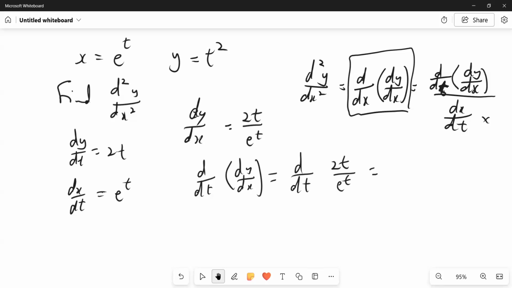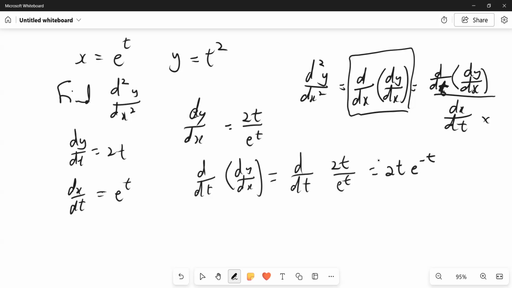I think the product rule is better because we can write this as 2t e to the minus t. Watch it carefully.